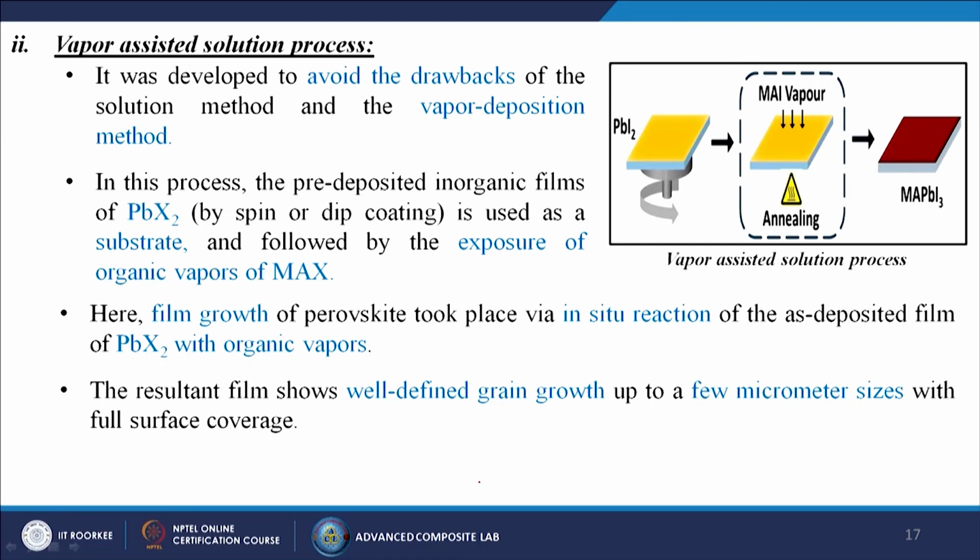Then let us discuss the vapor assisted solution process, how we are doing it. It was developed to avoid the drawbacks of the solution method and the vapor deposition method. In this process, pre-deposited inorganic films of PbX2 by spin or dip coating are used as a substrate, followed by exposure to organic vapors of the MAX. It is a mixing of both the thermal and the solution process.